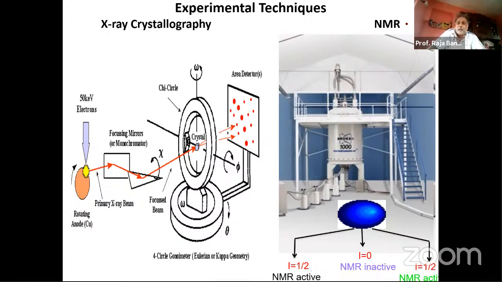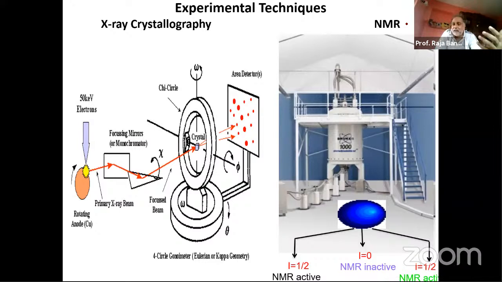In case of NMR, I will tell you a little bit. NMR means nuclear magnetic resonance. So the first term is nucleus. I have a YouTube channel where you can see the details of NMR. The basic part is there. So NMR nuclei are those where the I value is not equal to 0.